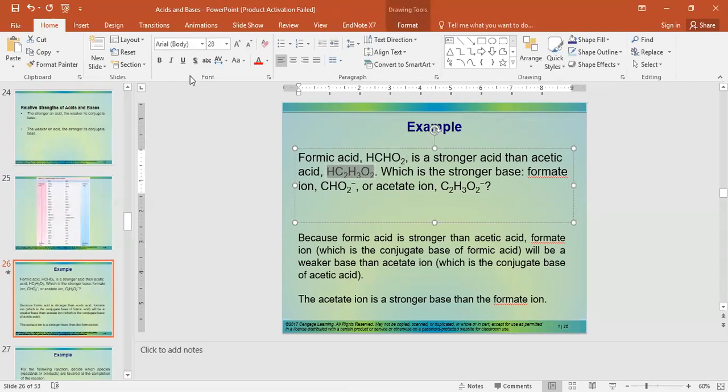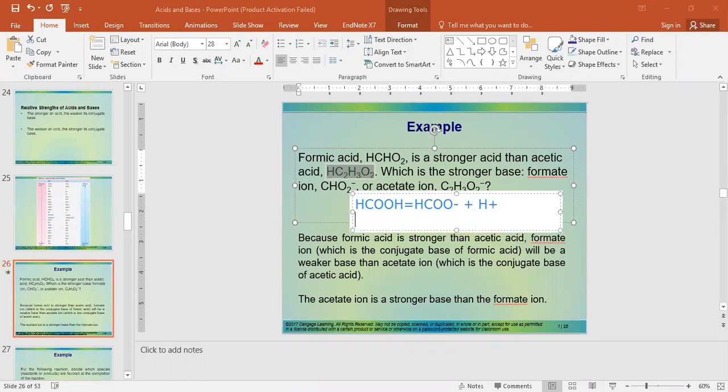Now, if I write this, HCOOH, that is the methanoic acid, and when it ionizes, it is going to give us HCOO- plus a hydrogen ion.